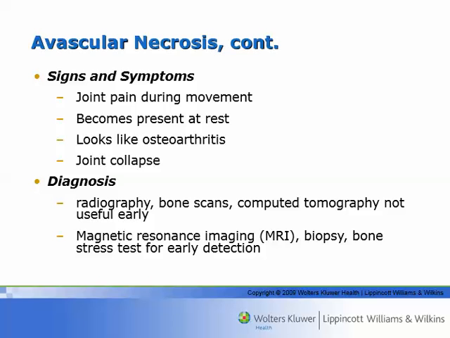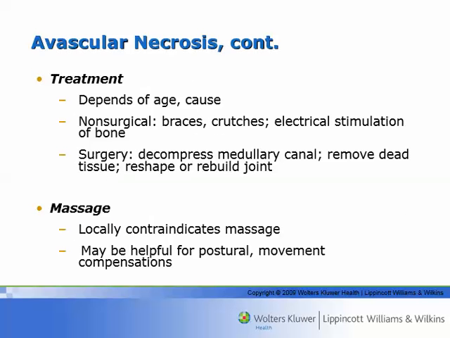So what happens? The joint becomes painful. You can just imagine that, but it looks like osteoarthritis, and it will lead to osteoarthritis. They diagnose it by imaging, so CAT scan, later MRI, those sorts of things.